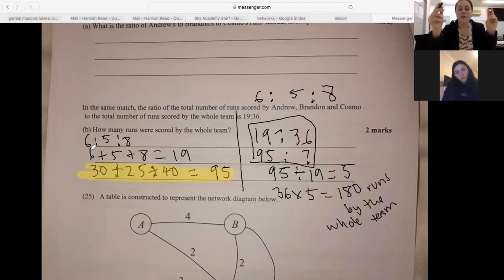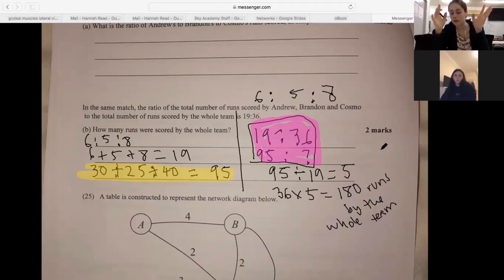And then we got a total of 95. In the little box there in pink, I put it together. We know the ratio of 19 to 36, and we had the runs 95 to something. And you wanted to figure out what the something was.